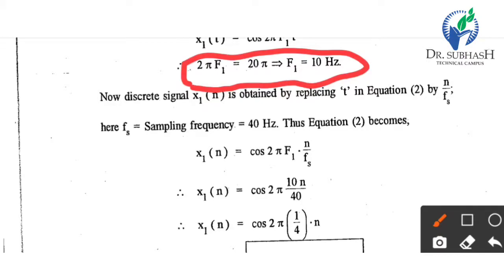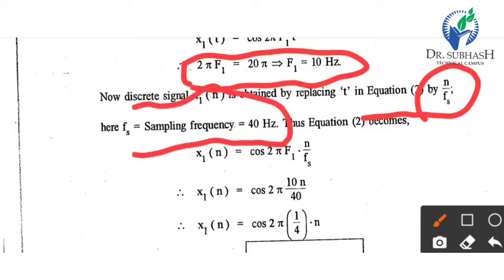Now the discrete signal x1 of n is obtained by replacing t in the equation by n by fs. fs is our sampling frequency, given as 40 Hz.